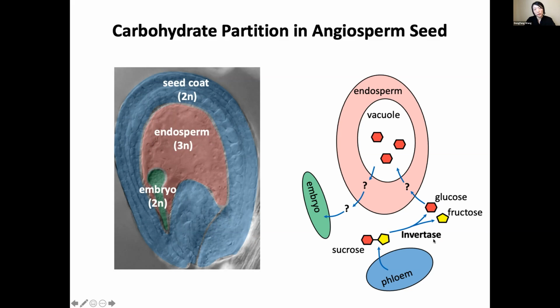The sucrose comes out of the phloem and is converted by an enzyme called invertase to glucose and fructose. This reaction decreases the sucrose concentration in the apoplastic space, generating a sucrose gradient. Higher invertase activity is in general correlated with faster delivery and faster seed growth. This is what's happening at the chalazal interface between the maternal plant and the endosperm.